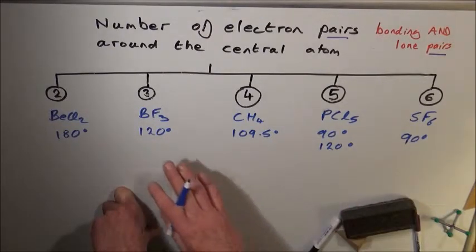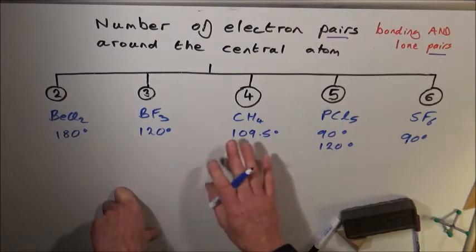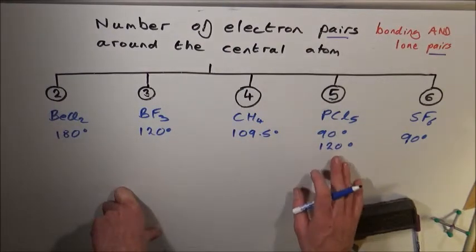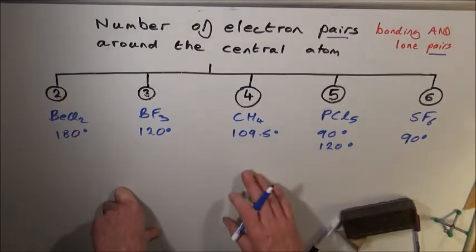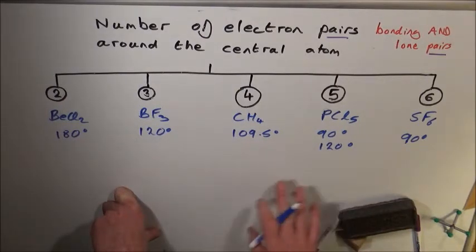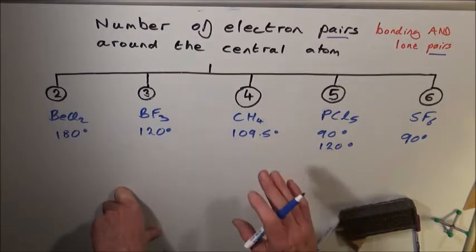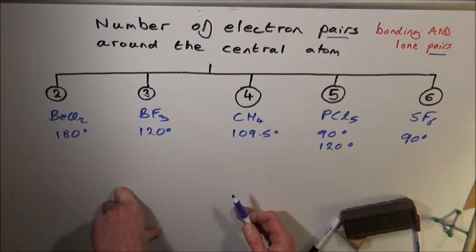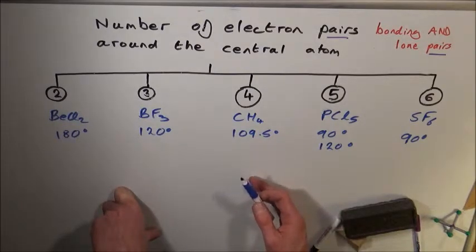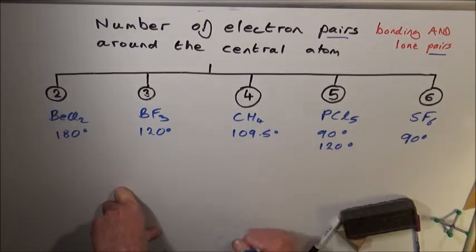And the names then, that would be trigonal planar, tetrahedral, trigonal bipyramid and octahedral. And then you can work out the shapes if you successively replace the bonding pairs with lone pairs, remembering that for each lone pair that you have, you decrease the bond angle by 2.5 degrees.